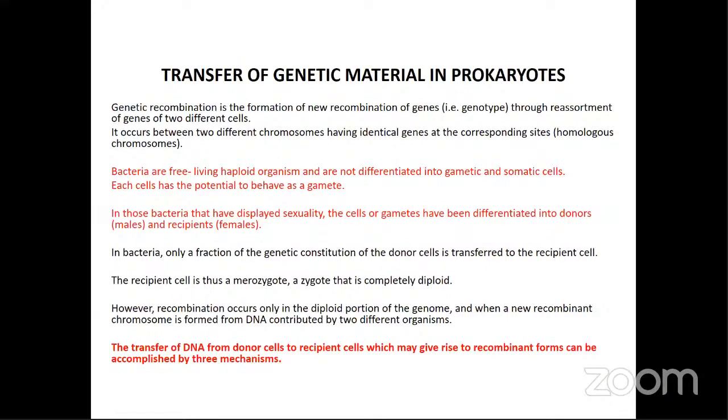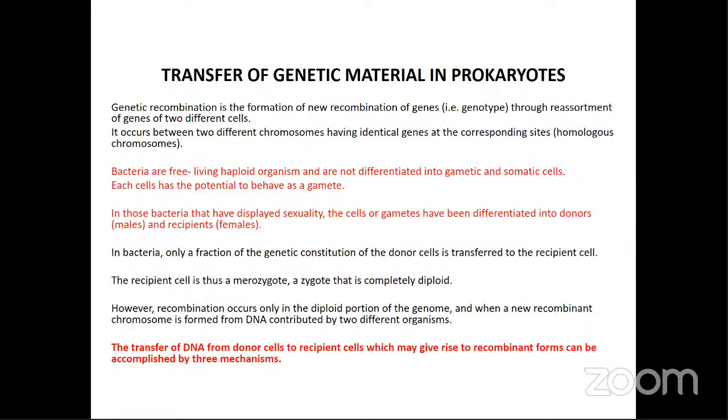So bacteria usually are free living haploid organisms, and they are not differentiated into gametic and somatic cells. Each cell has the potential to behave as a gamete. Some bacteria do display sexuality. So the cells or gametes have been differentiated into donor, the male, and recipient.